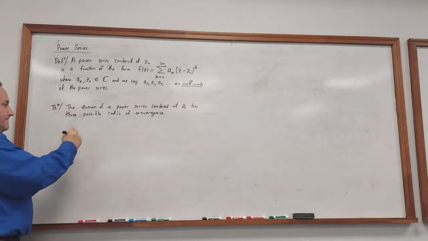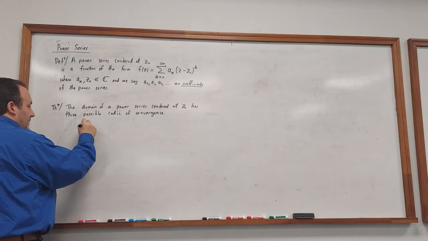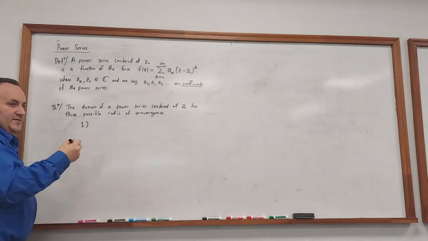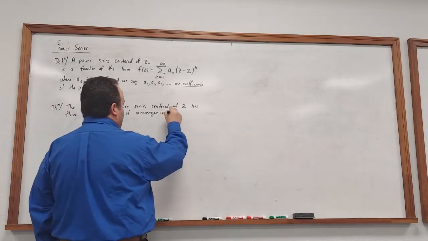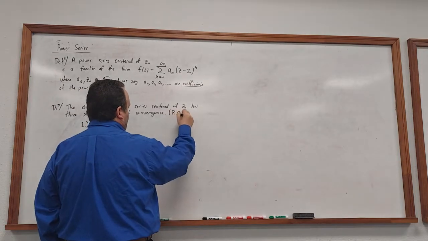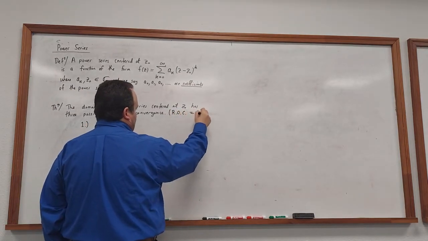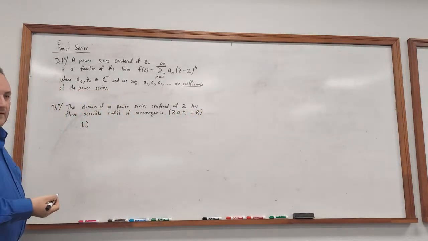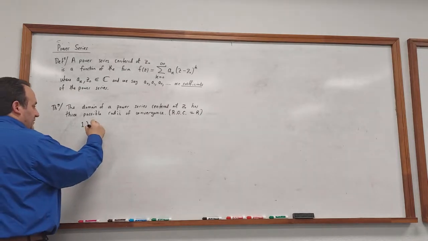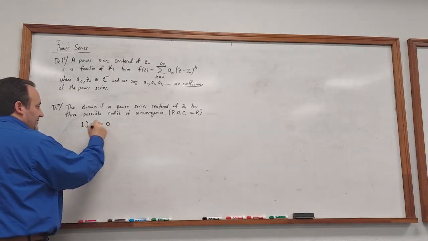Case number one. Let's call the radius of convergence ROC, and I'm just going to call it R for the sake of this statement. So case number one, you can have R equals 0.